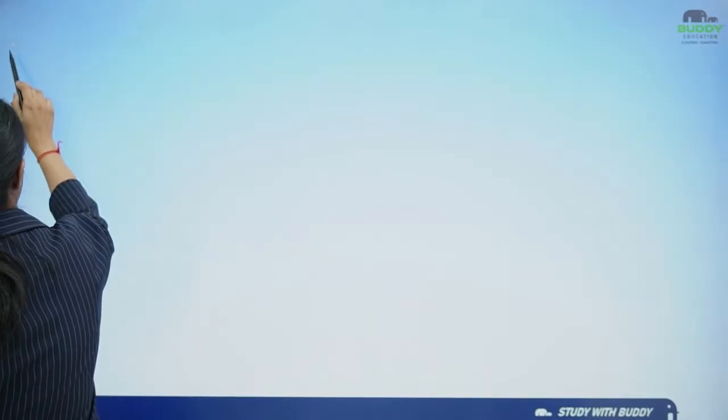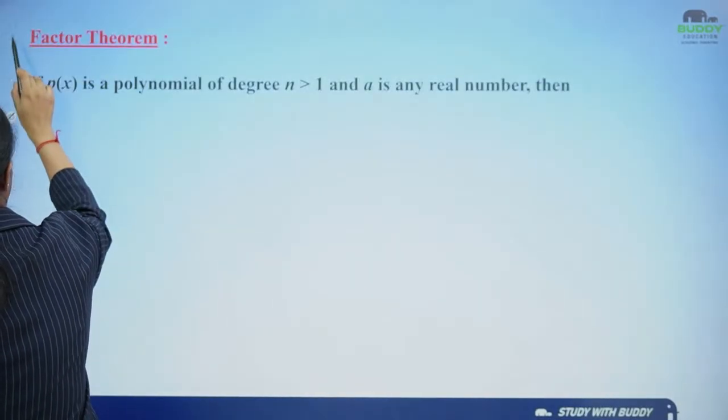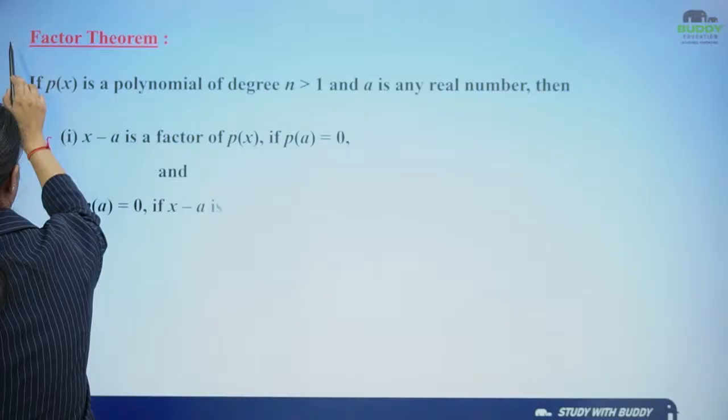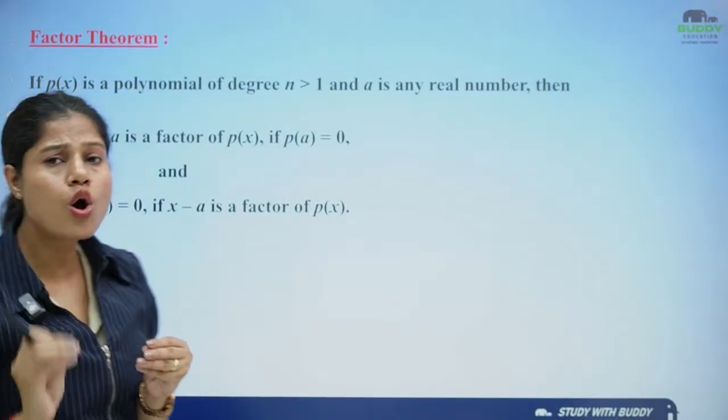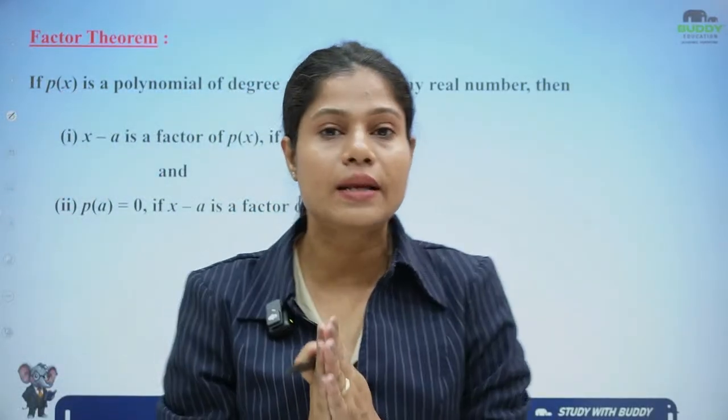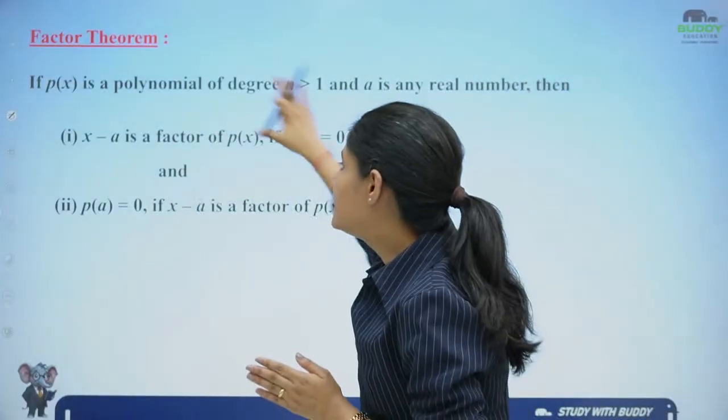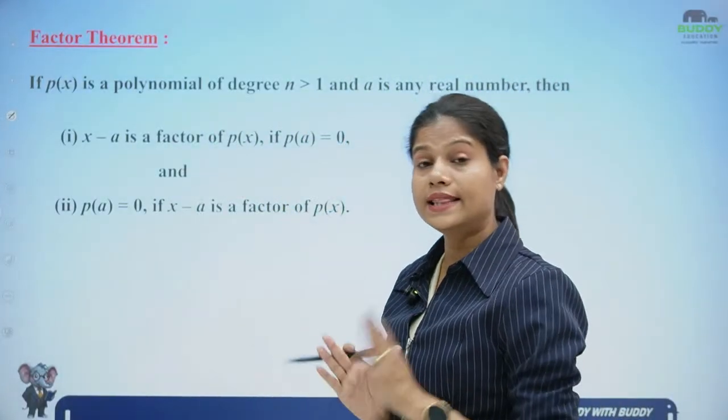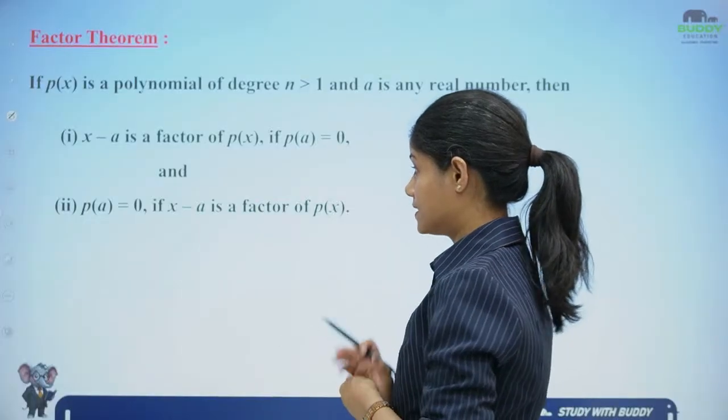All right, now let's understand the factor theorem. This factor theorem is nothing but a small extension of the remainder theorem. First, let's read its mathematical format and then we'll understand it by an example.